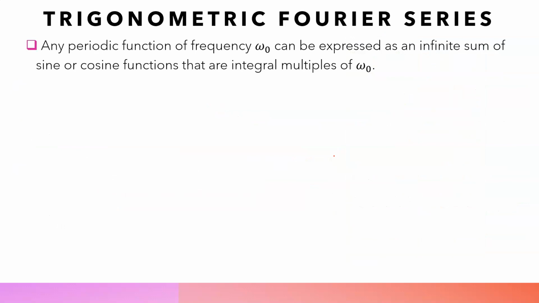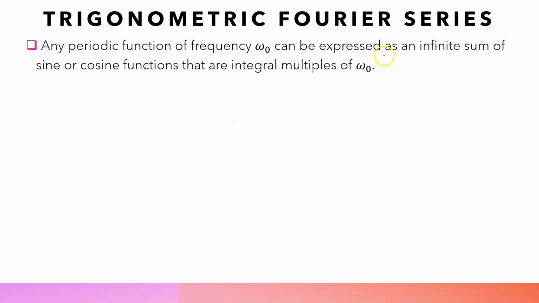We will look first at one type of Fourier series representation, which is called the trigonometric Fourier series. It is defined as follows: a periodic function of frequency omega naught can be expressed as an infinite sum of sine or cosine functions that are integral multiples of omega naught.